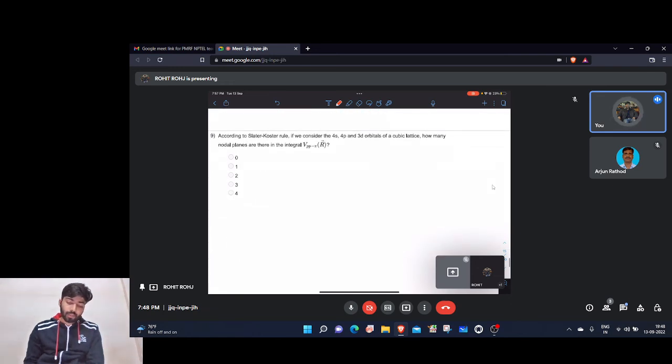Ninth question is, according to Slater-Coster rule, if we consider 4s, 4p and 3d orbitals of a cubic lattice, how many nodal planes are there in the integral Vp pi r? Now if one considers pi type interactions of 2p orbitals, let's say I draw pi type interaction. This is one pz pz. So the internuclear axis is this one.